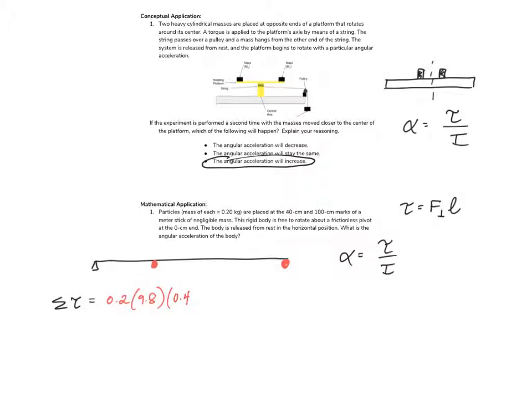For that first mass, it's going to be 0.4 meters. Plus, once again, 0.2 times 9.8, that's the force, times the lever arm, which is the full meter. If we calculate that out, we end up with a 2.74 Newton meter torque.